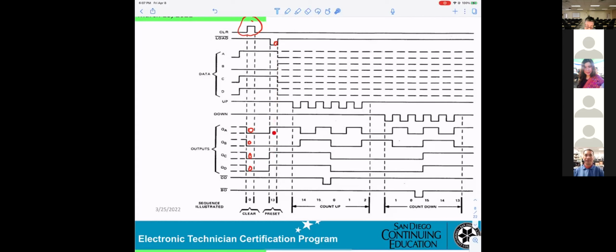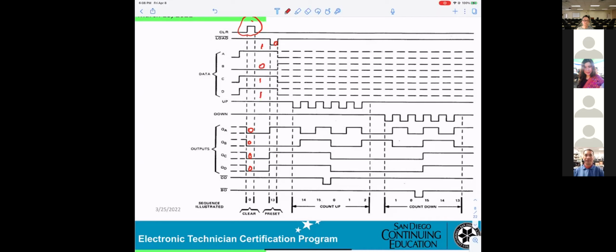Before you want to see the output, you need to see the input A, B, C, D. Okay, A 1, B 0, C 1. What number? One 0 1. What number? 13.